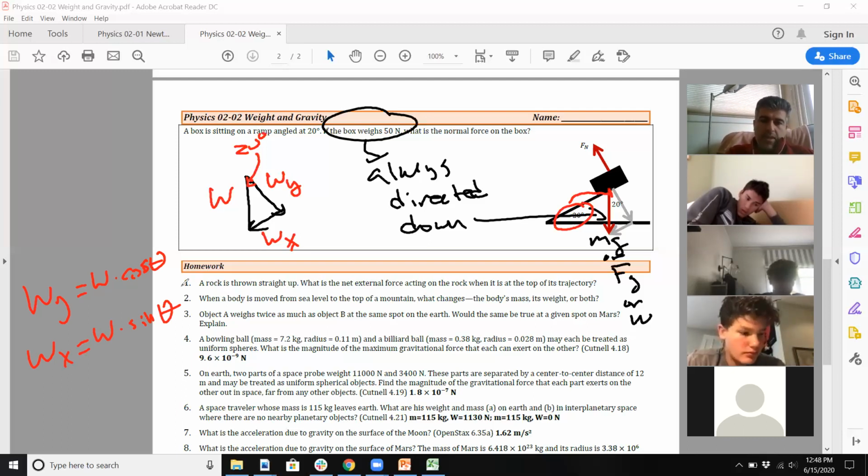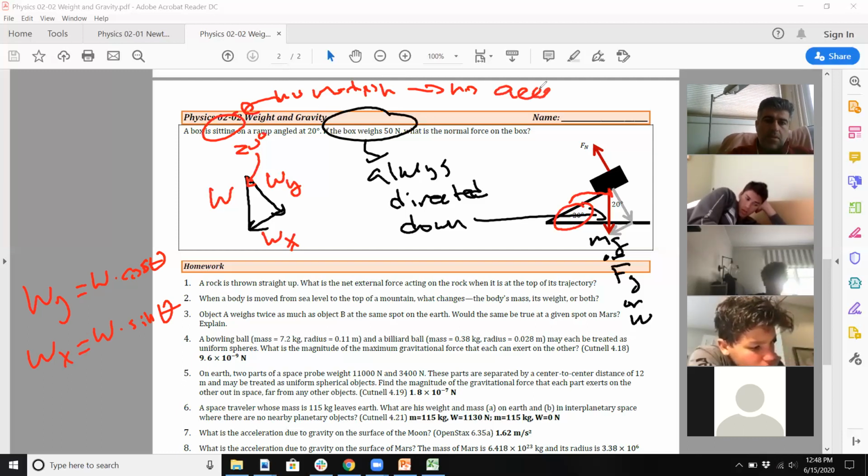Now, because it's not moving, it's just sitting, no motion, so there's no acceleration. So your F net is Fn minus the weight in the y direction.